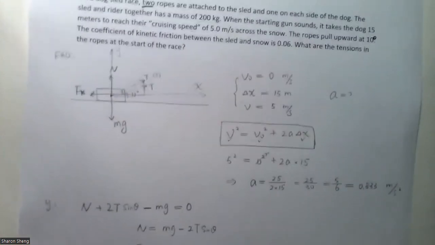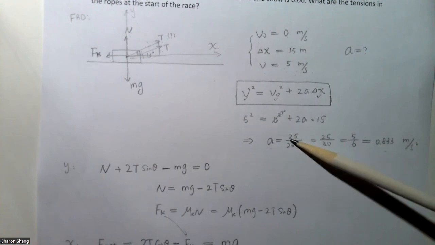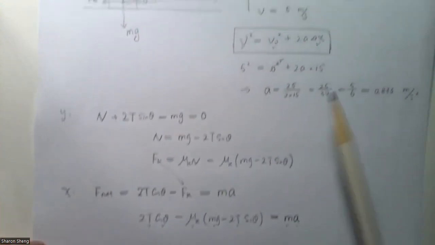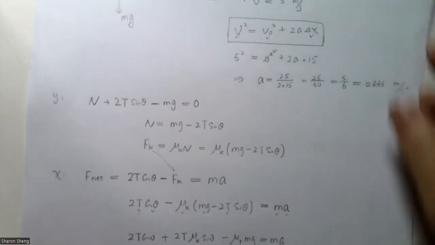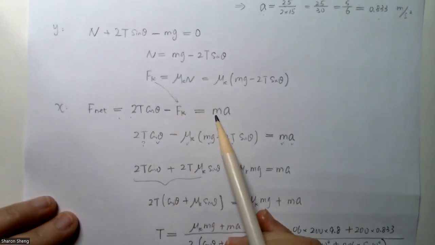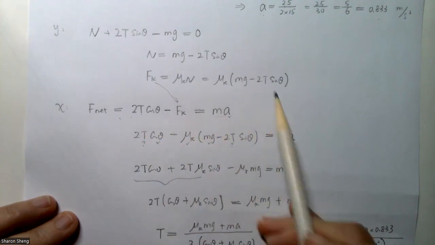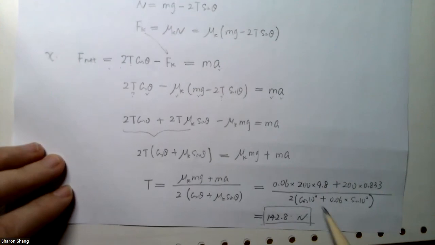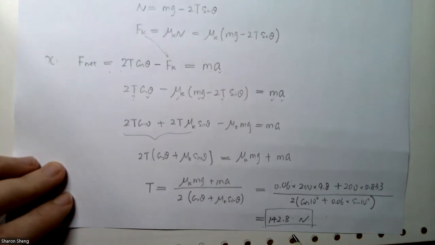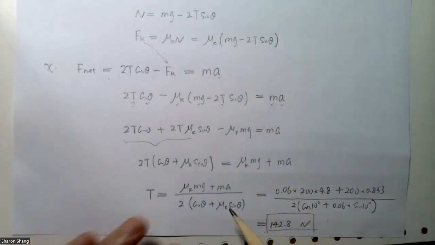This is the typical problem. Given the motion, we can find the acceleration. And then write down the force analysis. Net force equals ma. A is known now, and T is unknown. So for the single unknown, we get the final answer. Okay, so I hope those two examples are very fundamental. Given the motion, find the force.